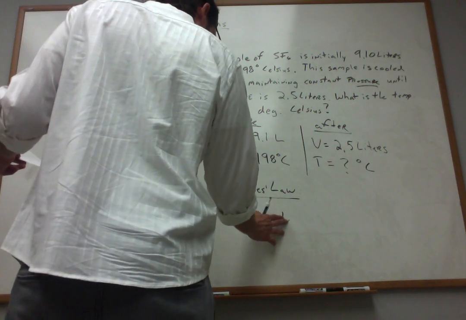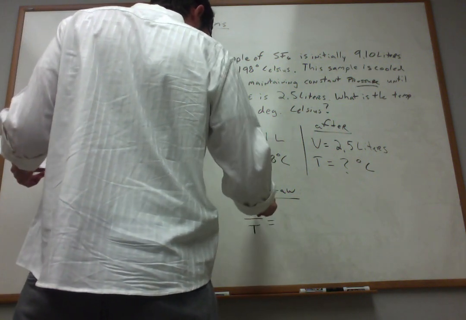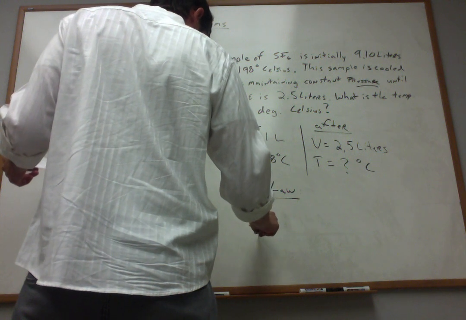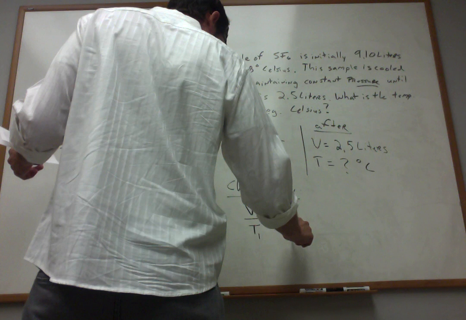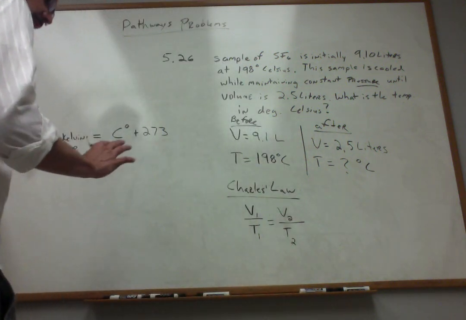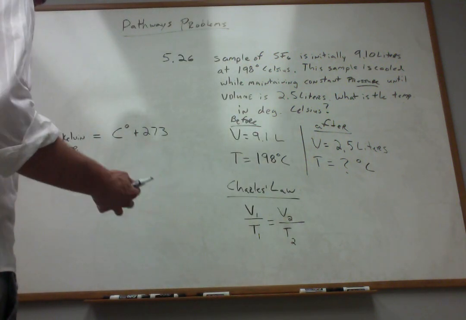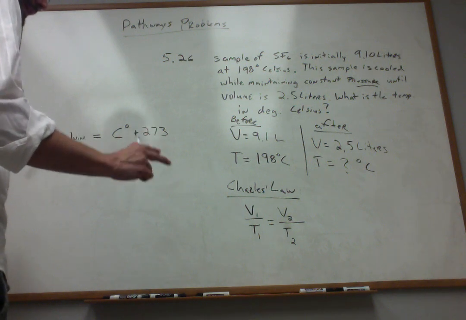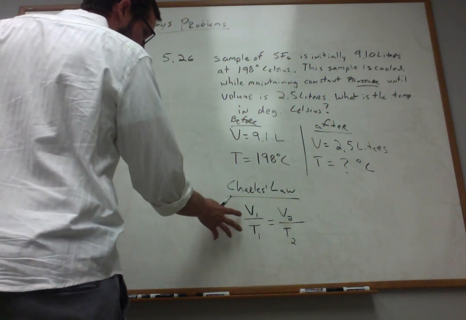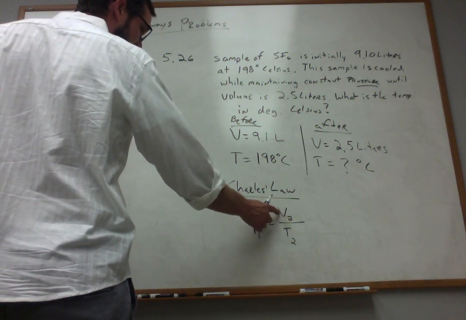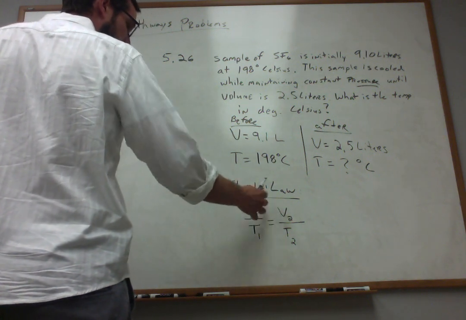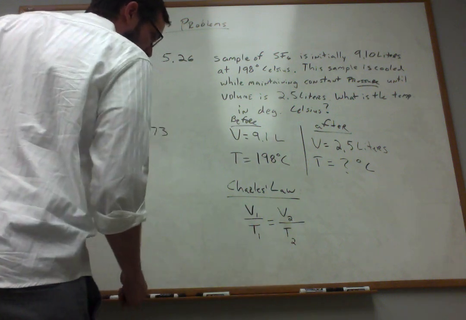The way I functionally usually use this in comparing before and after is, since it doesn't matter what temperature I'm at or what volume I'm at, as long as the pressure and the number of moles are the same, I can have two conditions, a before and after, called V1, T1, V2, and T2, for the volumes and temperatures before and after the change.